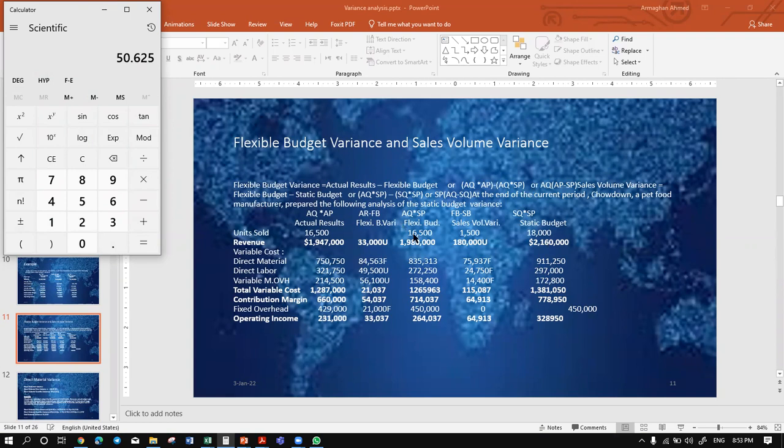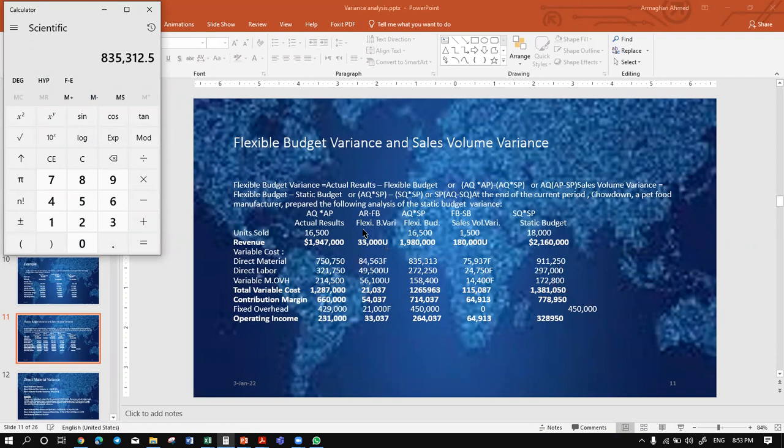If I multiply that by my actual number, 16,500, how much will come? 835,313, right? I hope you understand how we got these values.